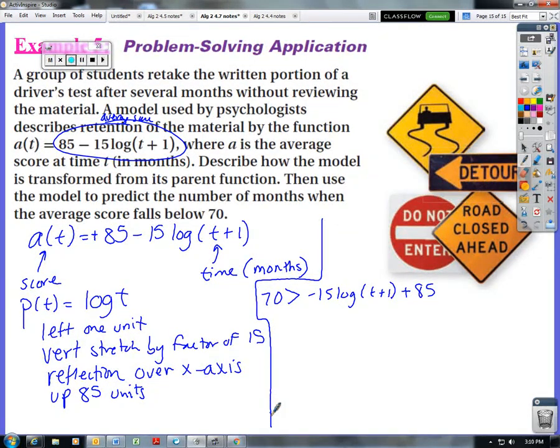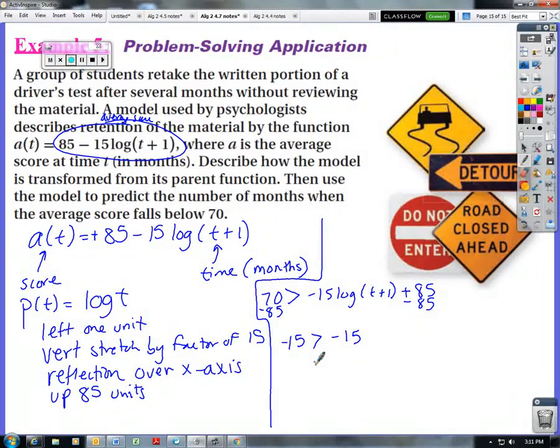Kind of move this over so we block that off. And now we're going to solve, just like we always would. So we're solving a logarithm. First of all, just like in algebra, what you want to undo first is this 85 by subtracting 85. So that's negative 15. Oh, I wrote 18. Why did I do that? That is really weird. Okay.